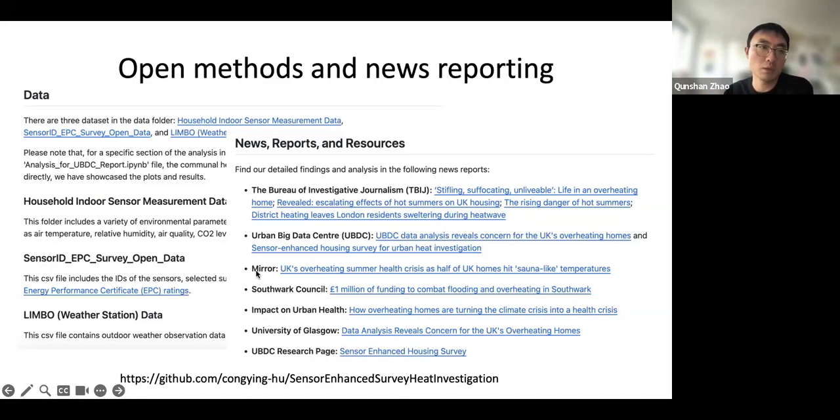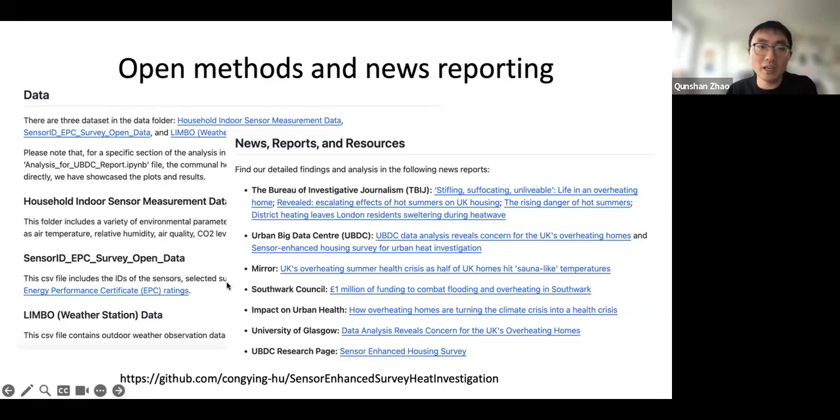The Mirror, one of the UK-wide newspapers, also covered it, which is quite interesting to see. I do have a physical copy; our media colleague bought one in the supermarket and gave it to me. It's quite fun to see our work in a newspaper.